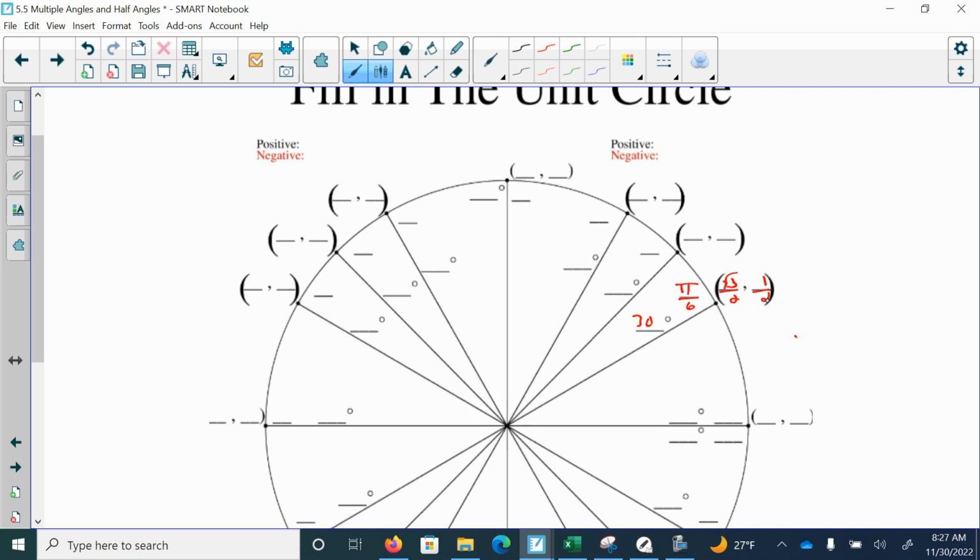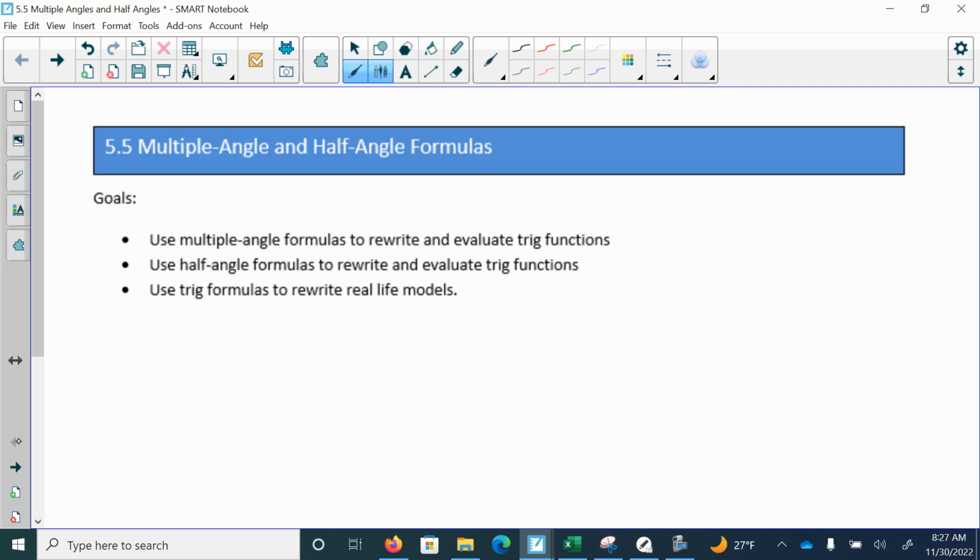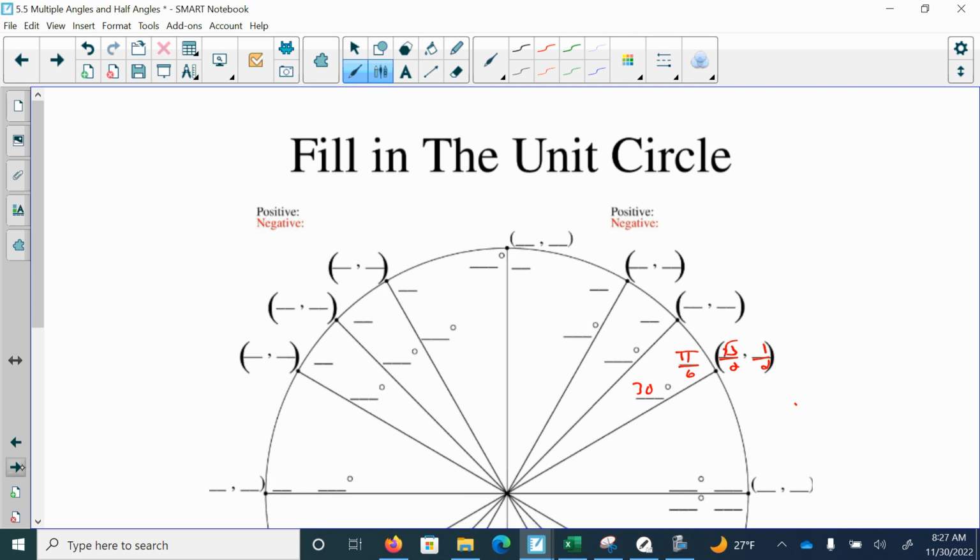And just to remind you, why do we need these multiple angle formulas and half angle formulas? Well, it should make sense to you that if I'm here at 90 degrees, and I know that that ordered pair is 0, 1, so the cosine is 0, the sine is 1, so pi over 2.